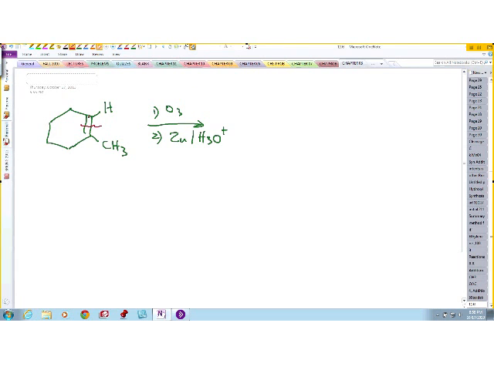This carbon becomes the carbonyl of an aldehyde, and this carbon becomes the carbonyl of a ketone.